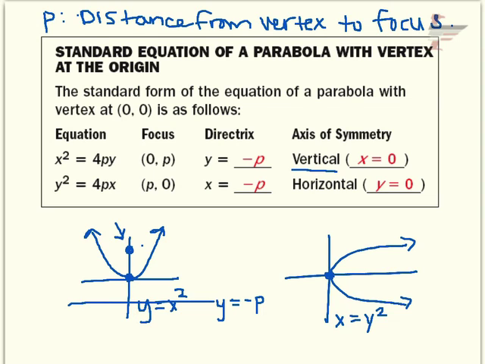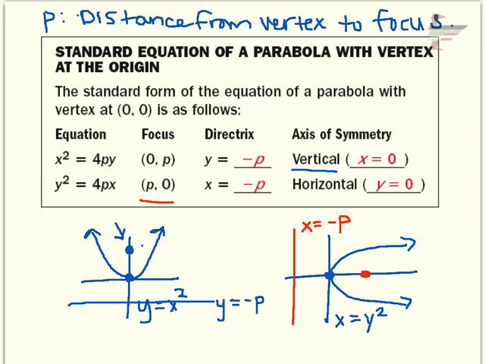Now, the horizontal one, which you're not as familiar with, everything is just reversed. You're going to have y squared equals 4px, and that means your focus point is on the inside of your parabola, on the x-axis. Notice it's (p, 0), and your directrix line is equidistant on the outside of your parabola, and that's x equals negative p.